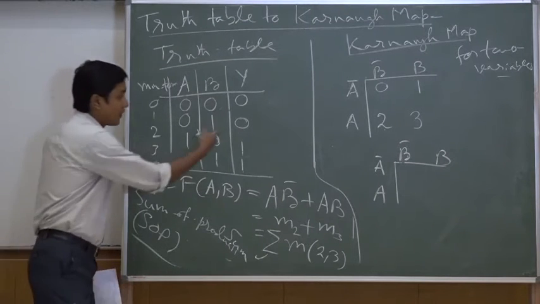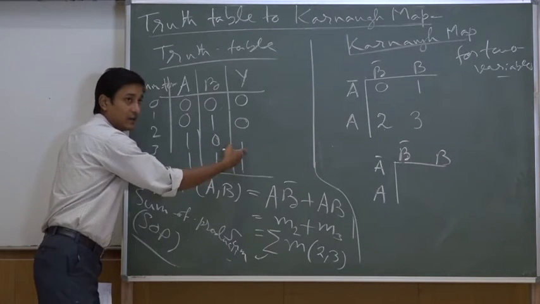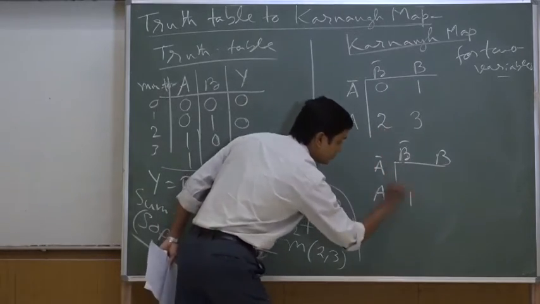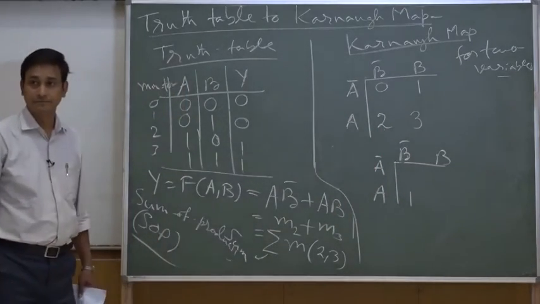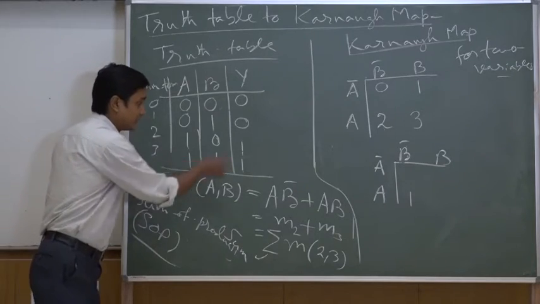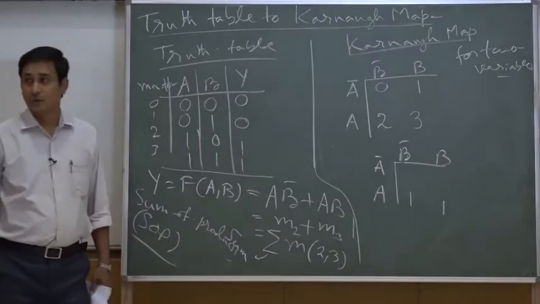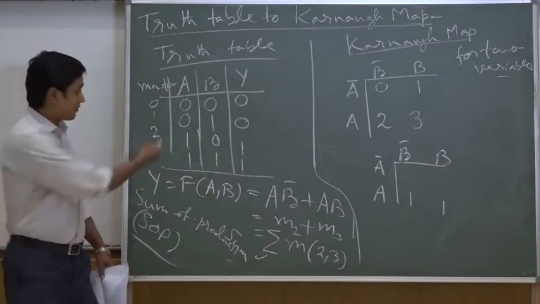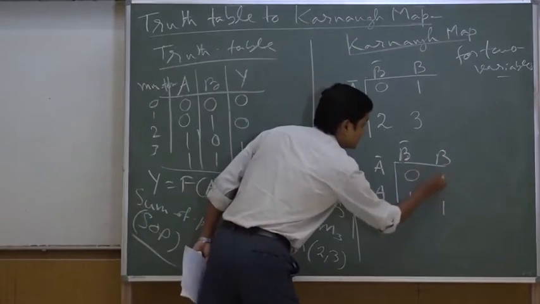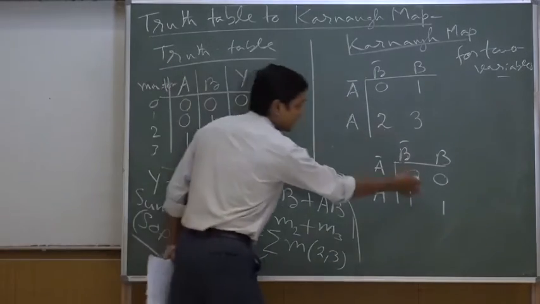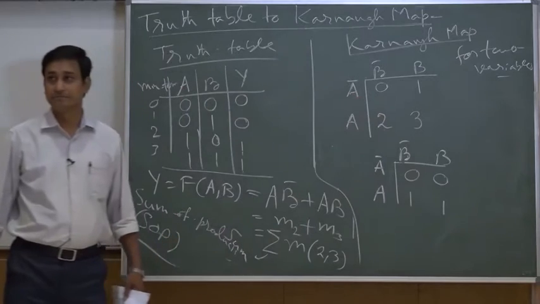Now, let me find where the ones are. Here is 1 at 2, so I put 1 at location 2. Similarly, if at 3 it is 1, I put 1 at location 3. What about the others? They are 0, so put 0. Now this truth table is mapped in the Karnaugh map.